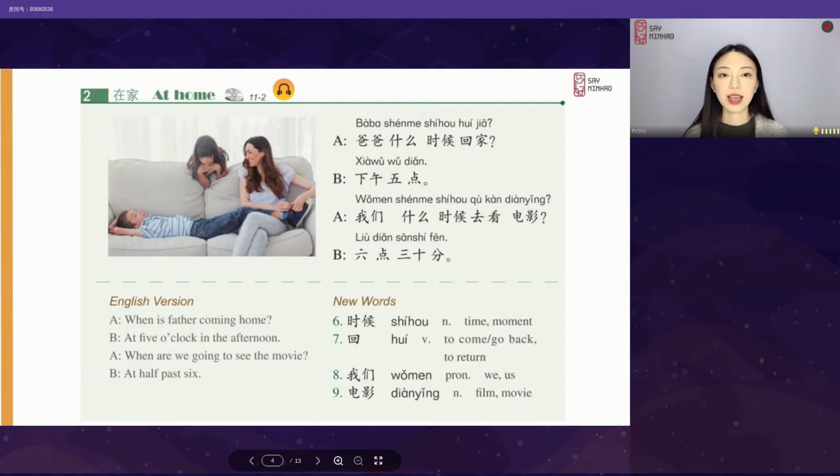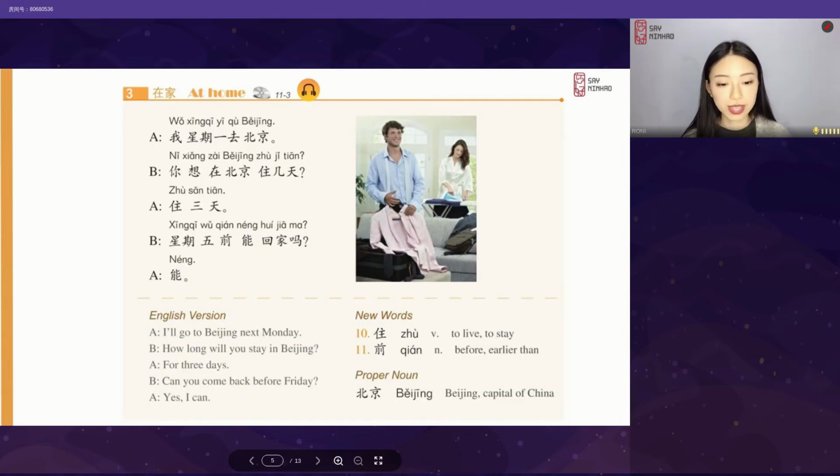Okay, very good. Now let's switch the role. You will be A. 3, 2, 1. 下午5点. 6点30分. Okay, very good. Now let's move on to text 3.